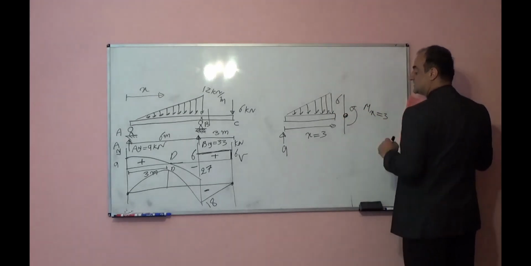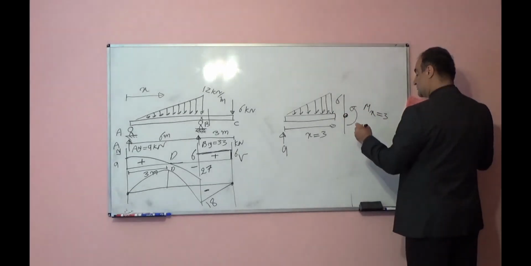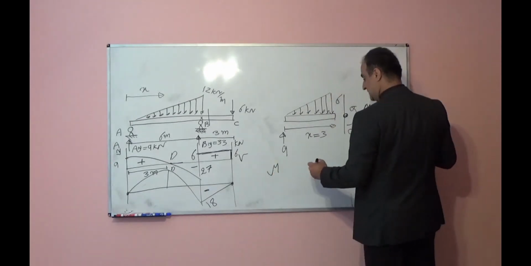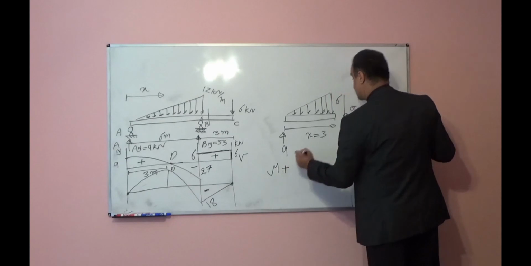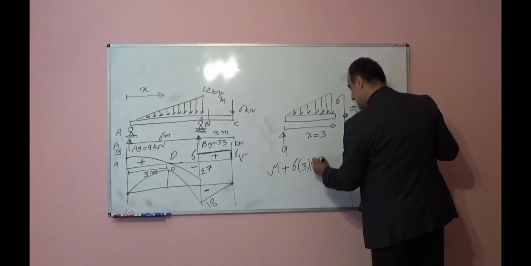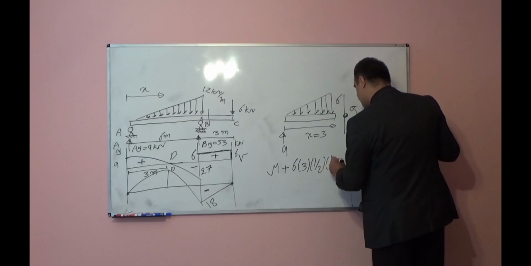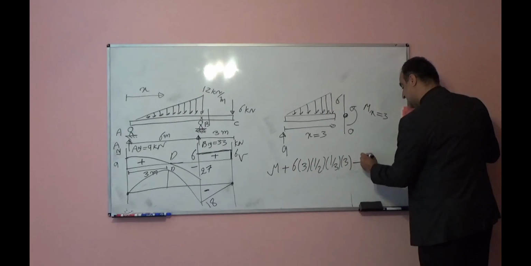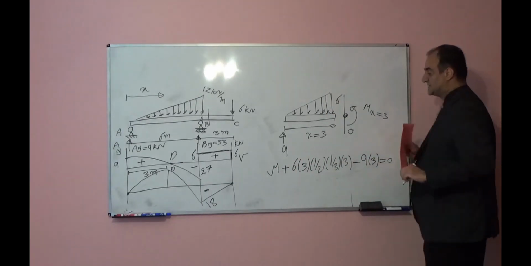If I take moment respect a cut point, for example point O, I will have M plus 6 times 3 times half times 1/3 of 3 minus 9 times 3 is equal to 0.